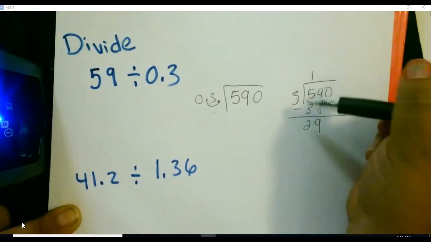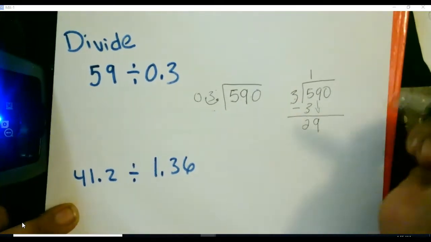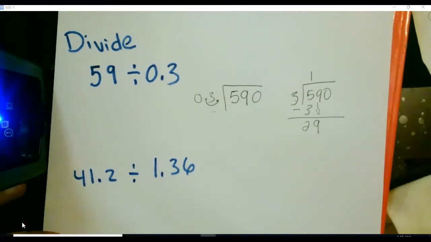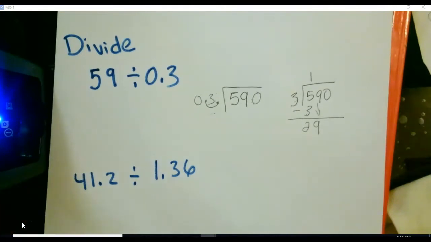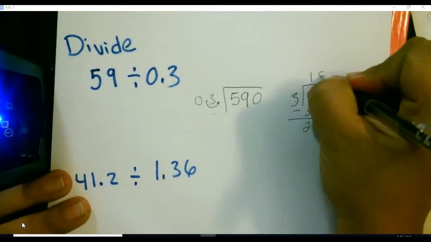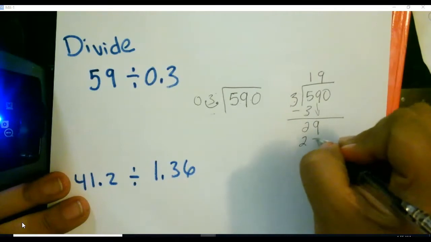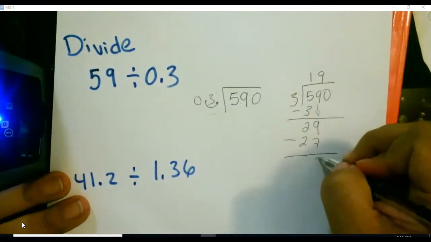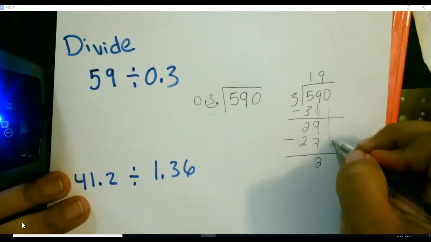How many times does the 3 fit into the 29? Think about your multiples. 27, right? 3 times 9 equals 27. And then I subtract. 29 minus 27 equals 2. And then I bring down the 0.